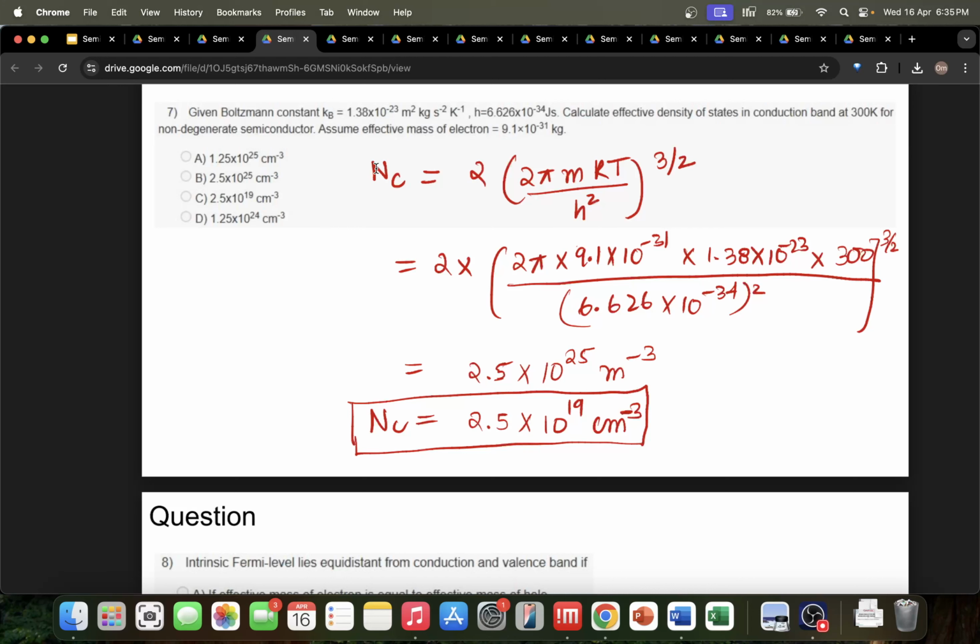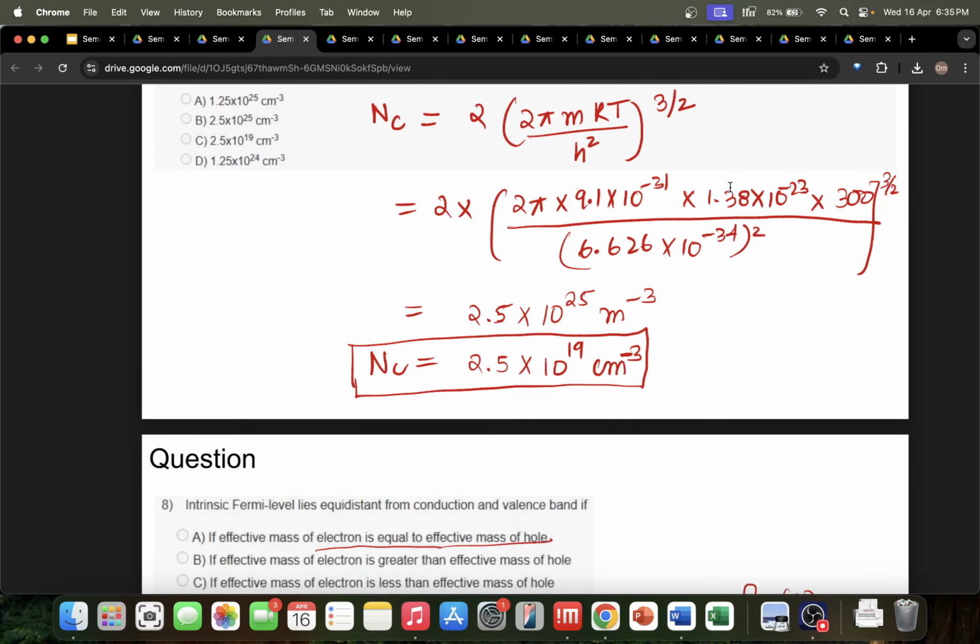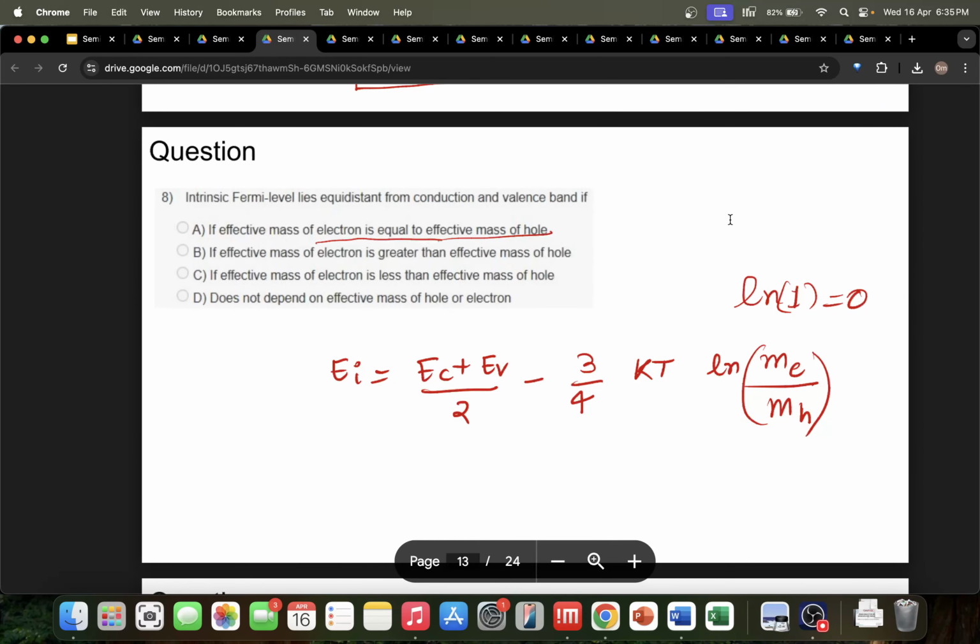This is the formula for the effective density of states, this Nc. And this is the relationship to determine the variation of EI with temperature and the effective mass of electrons and holes.